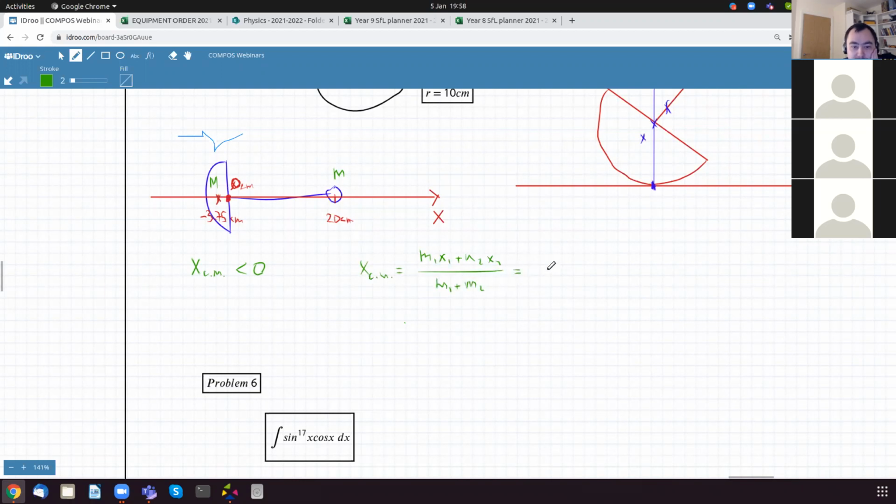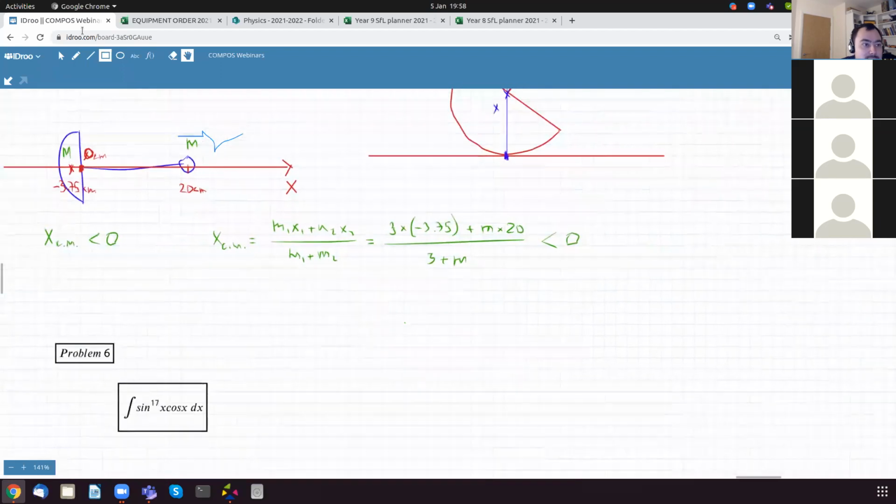So that's going to be m1, which is 3 kilograms, multiplied by minus 3.75, plus m multiplied by 20, all over 3 plus m. And this has to be less than 0.